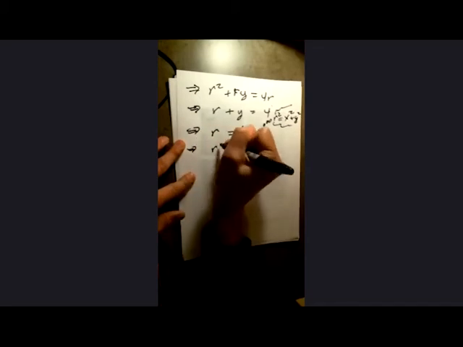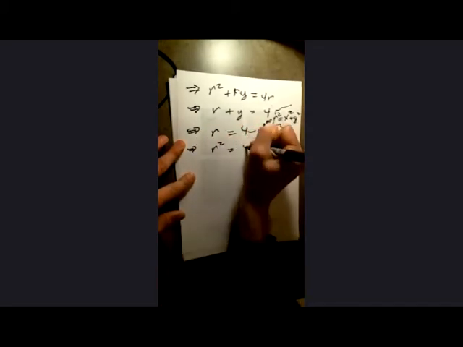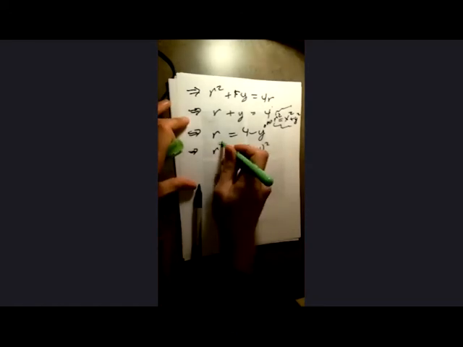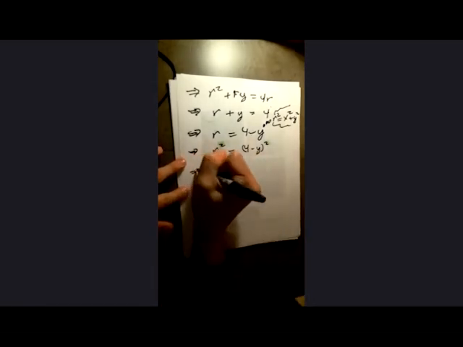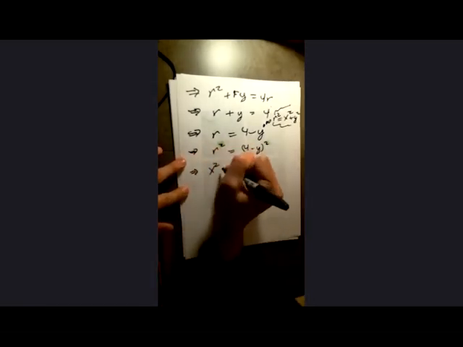So we get R squared is equal to 4 minus Y quantity squared. I squared both sides. And we can replace the R squared with an X squared plus Y squared equals 4 minus Y quantity squared.